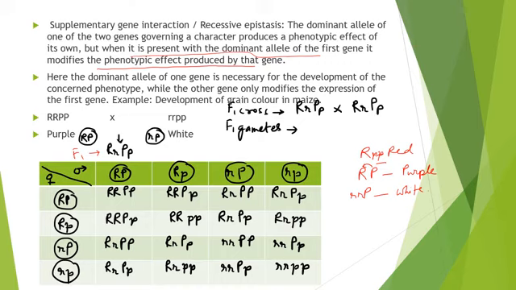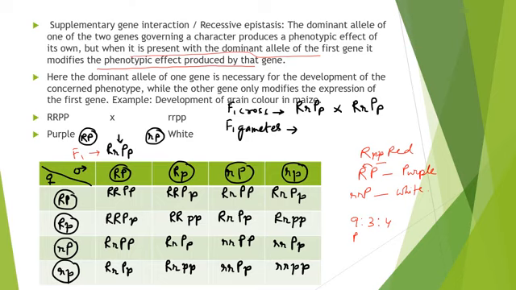So in that way you find out the ratios, and you will find the ratio to be 9:3:4. You do it yourself and see whether you understand or not. 9:3:4, where 9 will be purple, you can check R and P.